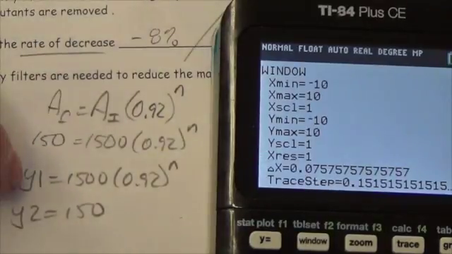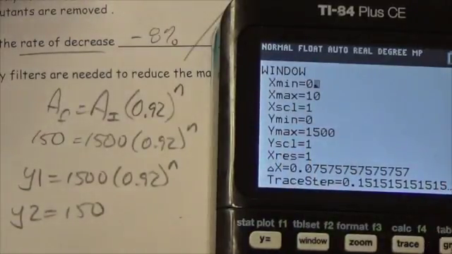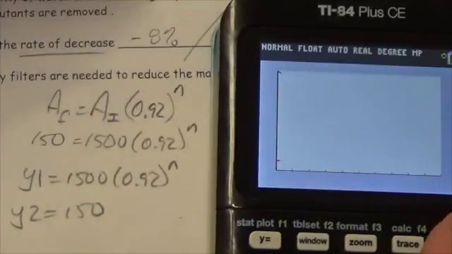So let's do our y-max at 1,500. We don't need the y-min to be negative, and I don't need the x-min to be negative. It doesn't make sense to talk about a negative number of filters, because remember, that's what x is. It's going to be the number of filters. So let's graph that and see what happens.